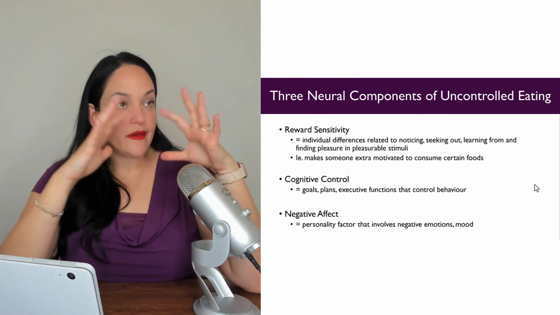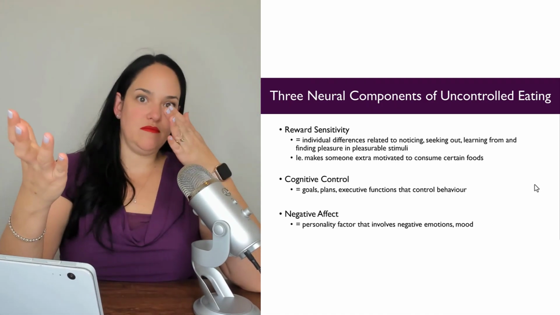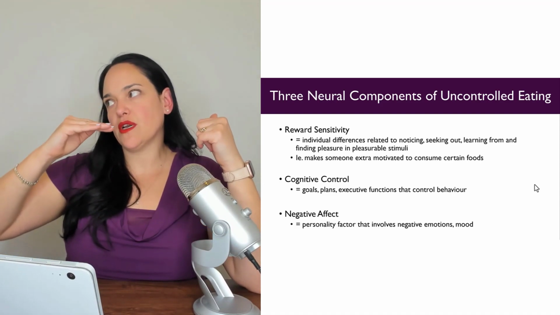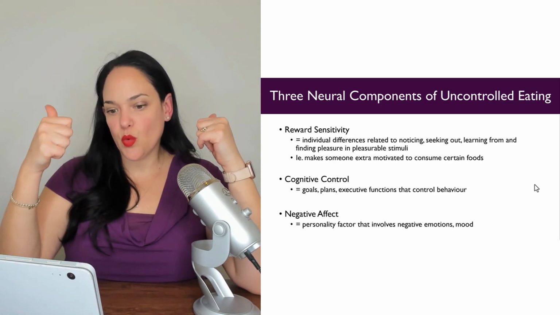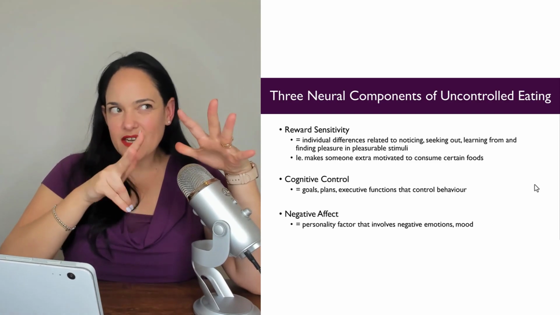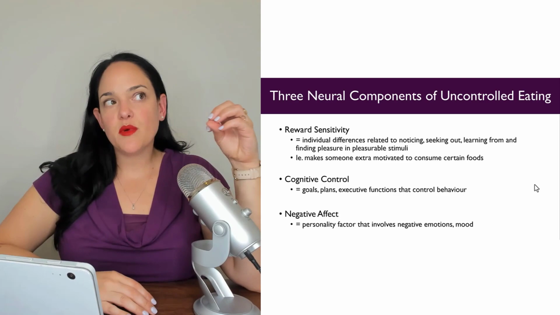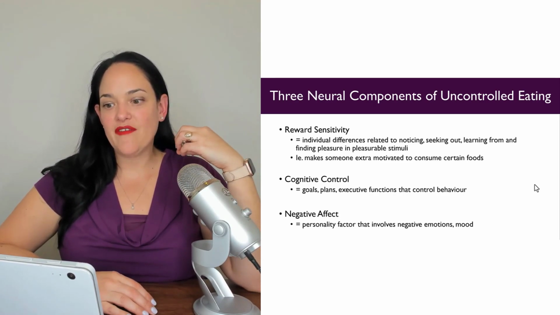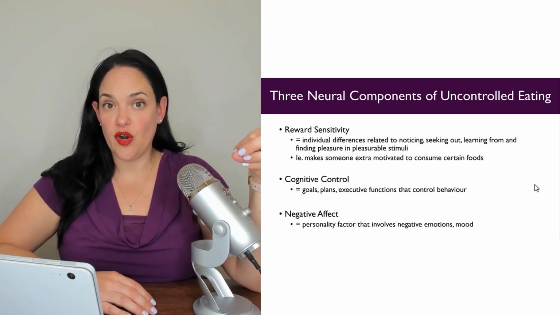So using the umbrella construct of uncontrolled eating, which is influenced by non-homeostatic appetite, I want to divide this unit further into three main areas: reward sensitivity, cognitive control, and negative affect, but I'm going to expand on that as well. So when I talk about reward sensitivity, what I'm talking about is that some individuals might have a higher drive to seek out things that are rewarding.